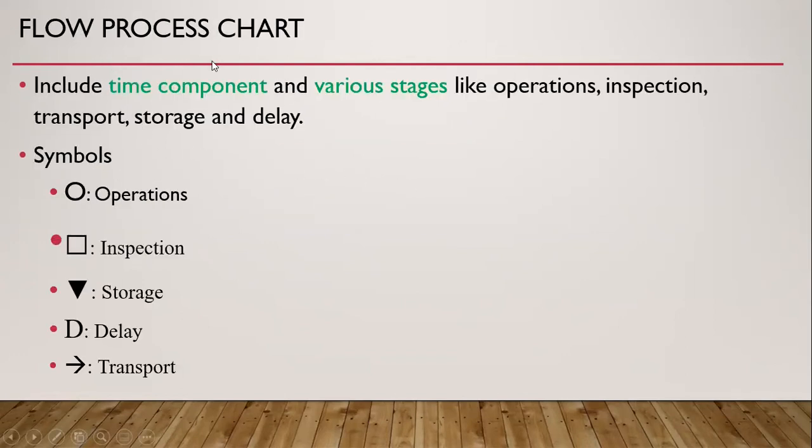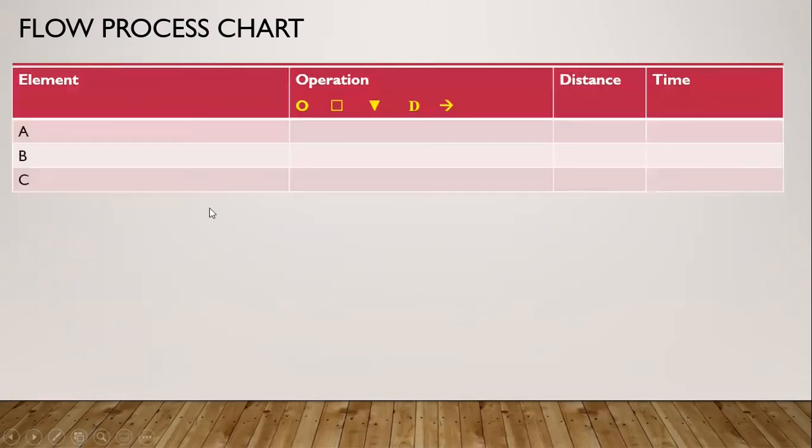Then flow process chart. This includes, in addition to operations and inspection, a time component and other stages like transport, storage, and delay. These are the symbols which are used to represent operations, inspection, storage, delay, and transport. This kind of chart is produced.